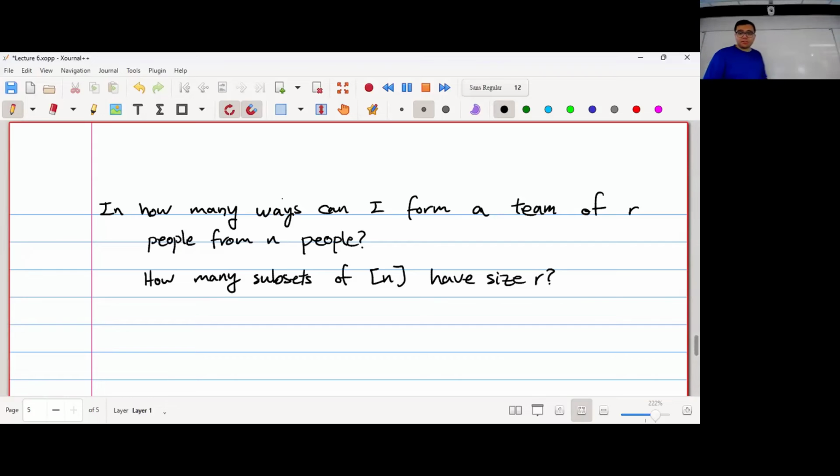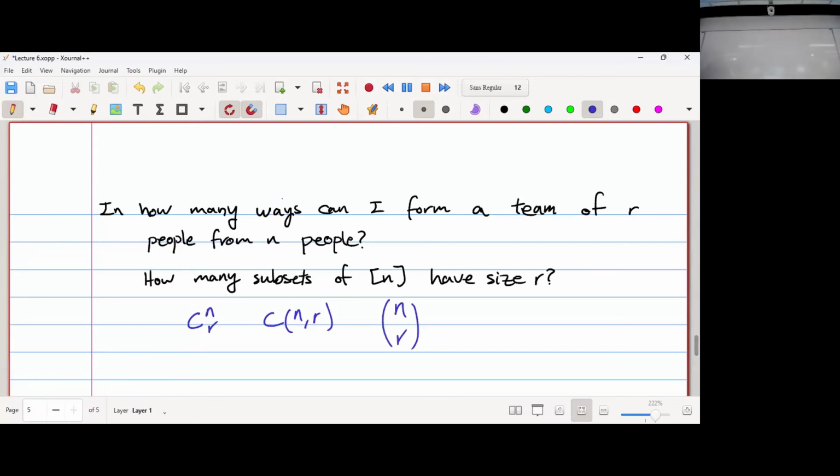Now, we have a notation for this one too. We actually have several different ways of writing it. So people write it like this, CNR or C(n,R), or just like this, (n over R). Okay. Now, in this course, I'm just going to call it n choose R. So n choose R is the number of ways of choosing R elements from n elements.